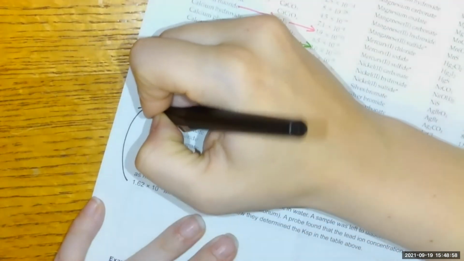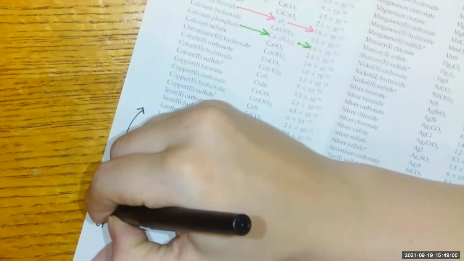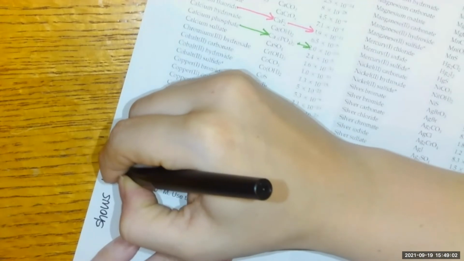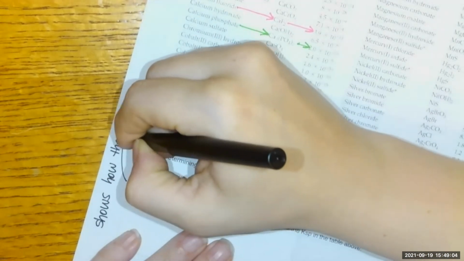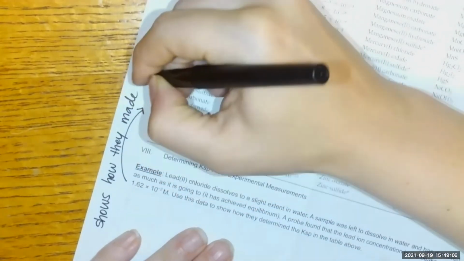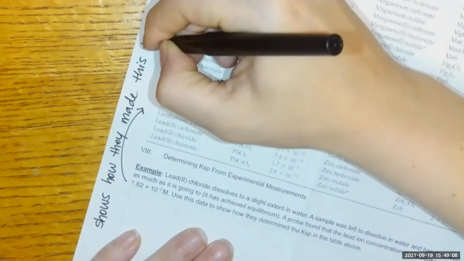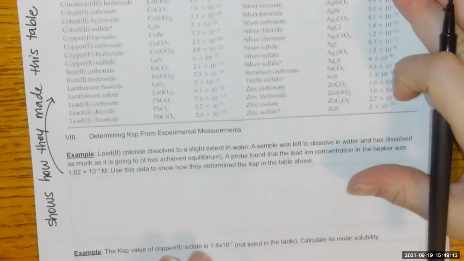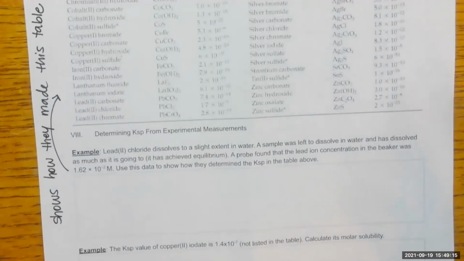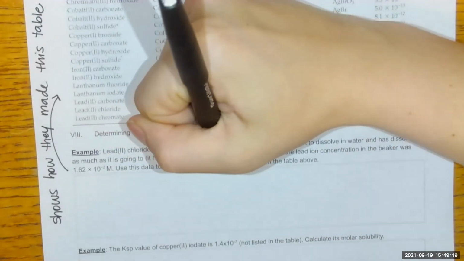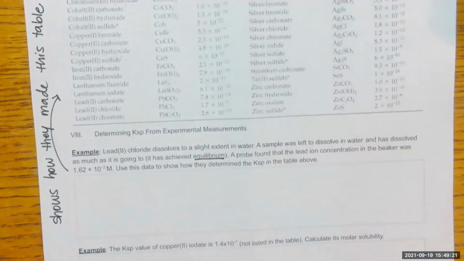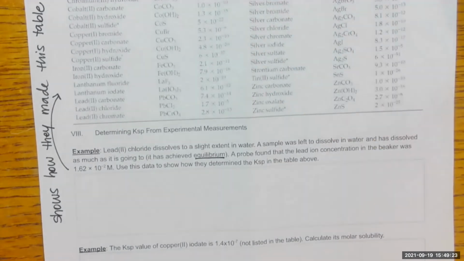This example shows how they made this table. They took each of these compounds, left them in water, came back after it had achieved equilibrium, probed it, and then did some maths. So let's show how to do it.